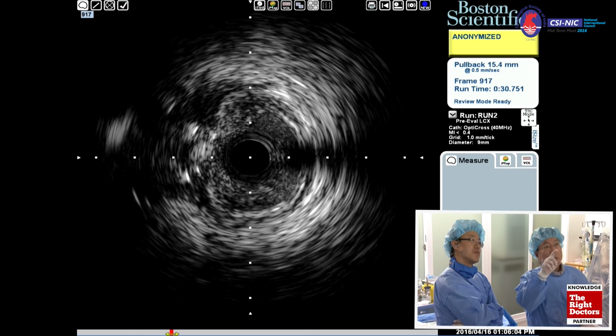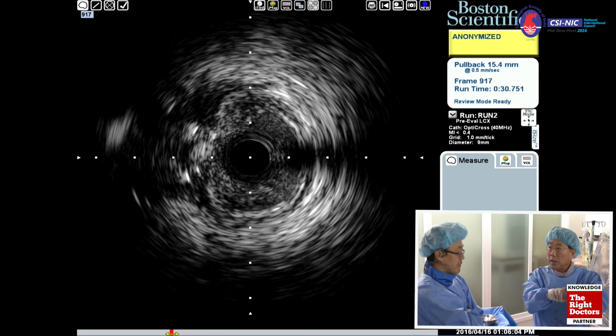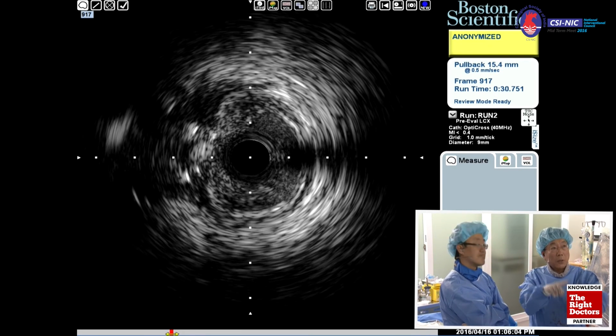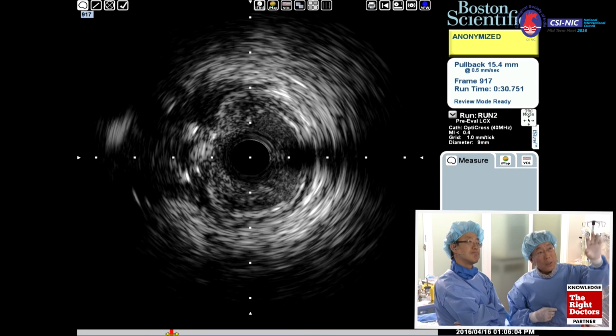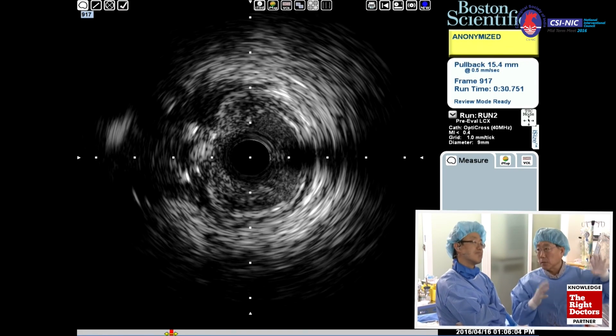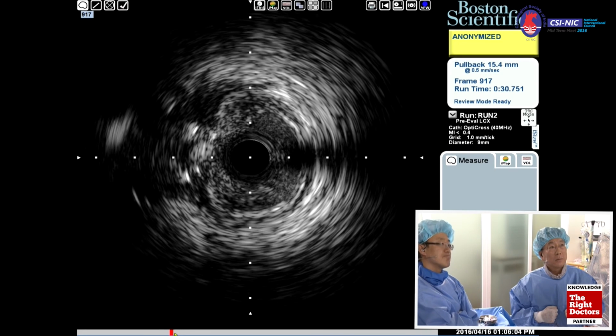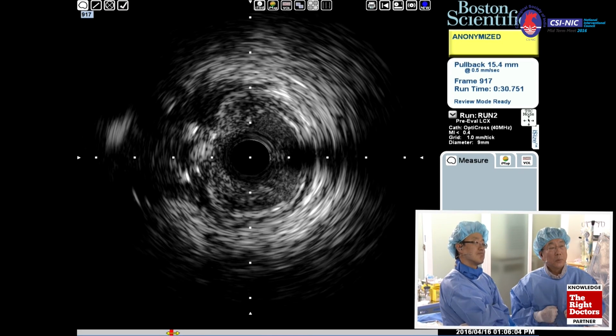You can clearly see the combining area of the circumflex ostium has pretty much disease. We have already done a small balloon dilatation. Maybe related to the mottling density on grayscale IVUS, which may suggest some vulnerable plaque, though we cannot say exactly.